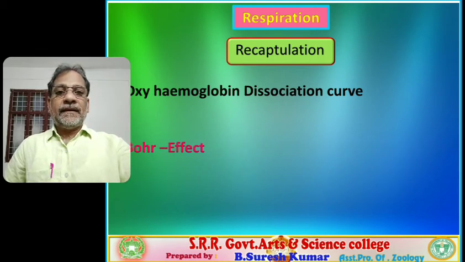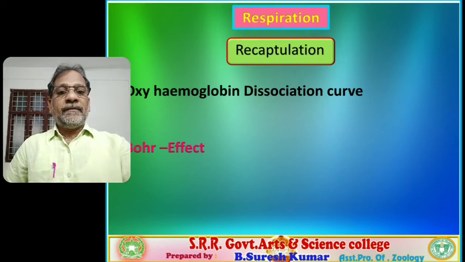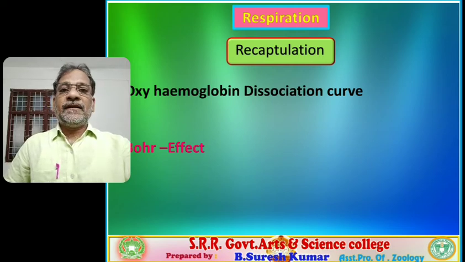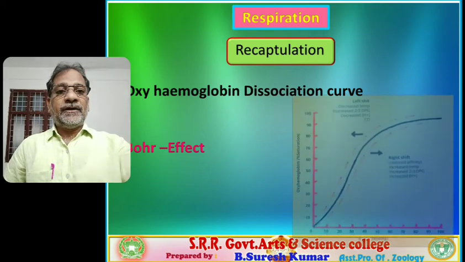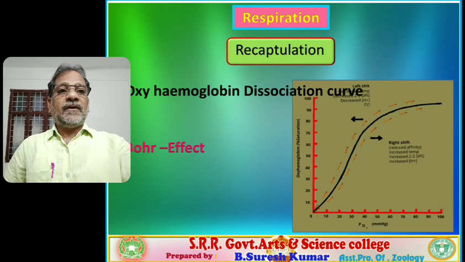It is a graphical representation between partial pressure of oxygen and percentage saturation of hemoglobin. Besides that, we also completed the Bohr effect phenomena. So this is the oxyhemoglobin dissociation curve, a sigmoid shape curve.